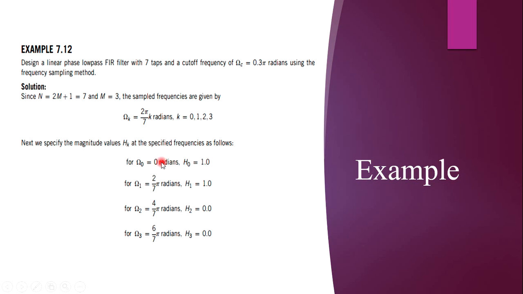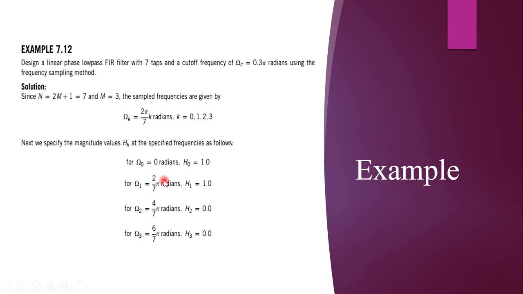So is sigma 0 less than 0.3? Because we are going to design a low pass filter, there should be the frequencies that are less than this 0.3 pi. As this 0 is less than 0.3, we will assign h of 0 to 1.